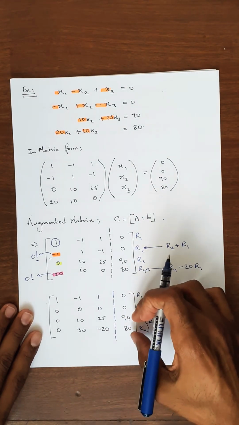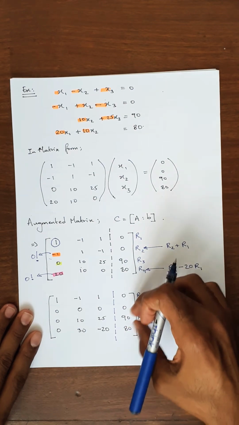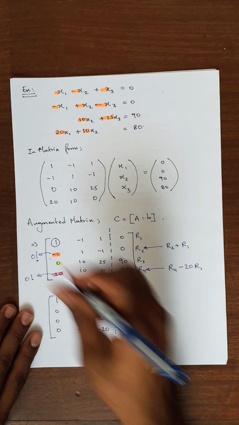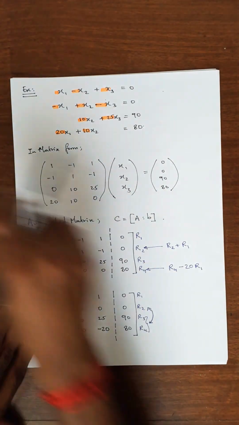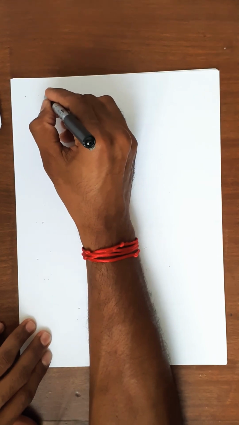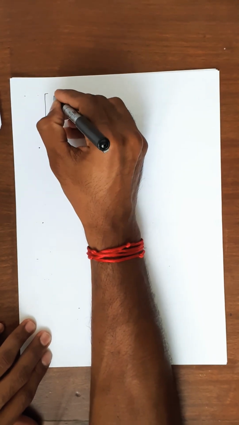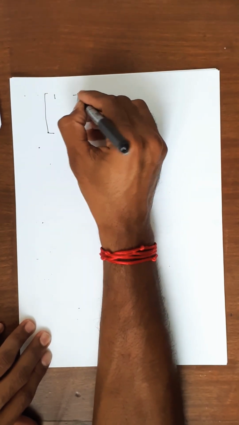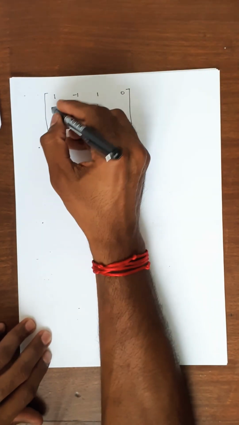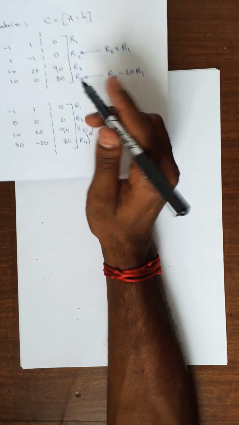So what I'm going to do is swap R3 and R4, and then I'm going to have this R2 here. Let me write my matrix again. You have 1, minus 1, 1, 0. And then you change these.